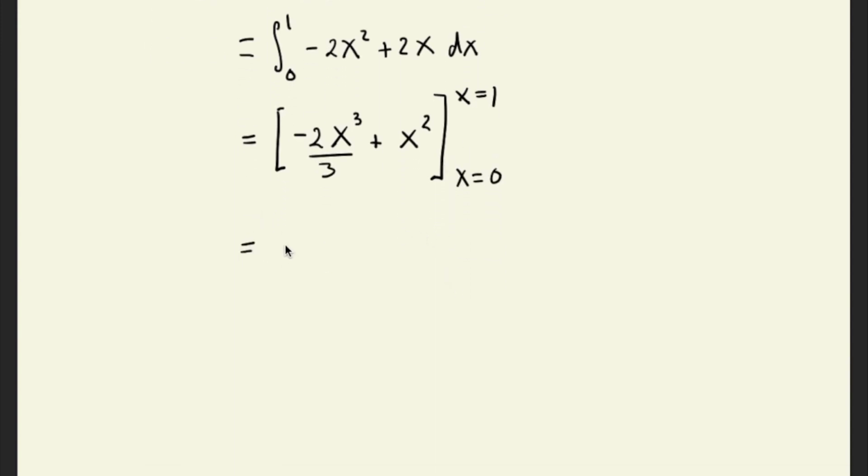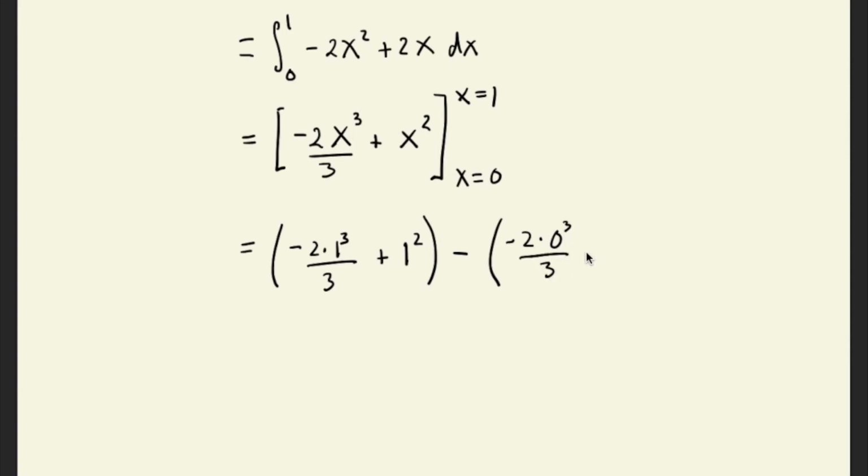So if you do that, you're going to get, plugging in x equals 1, minus 2 times 1 squared over 3 plus, oops, wow, I made exactly the same mistake in class. 1 cubed over 3 plus 1 squared, minus, and you plug in 0 there, you get negative 2 times 0 cubed over 3 plus 0 squared.